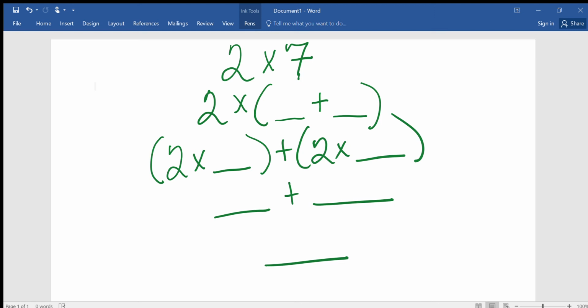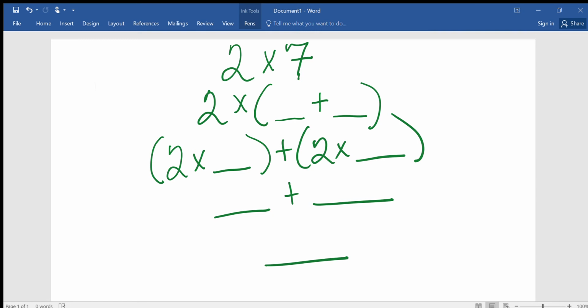A few more seconds. Now, there's lots of different ways that you could break this 7 apart. You could do 4 and 3, you could do 5 and 2, you could do 6 and 1. But we want to pick the most friendly numbers, which to me 5 and 2 are, because they're easy skip count numbers.